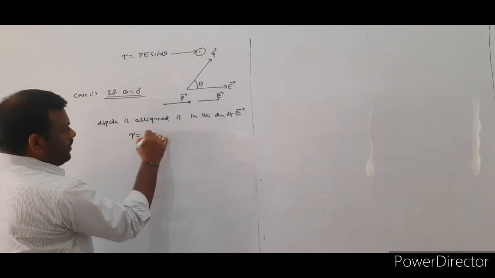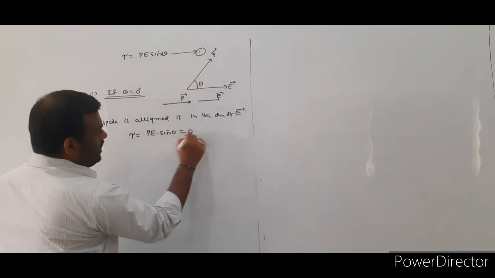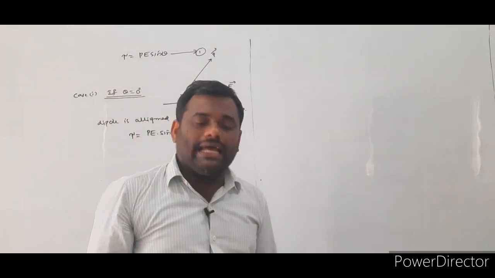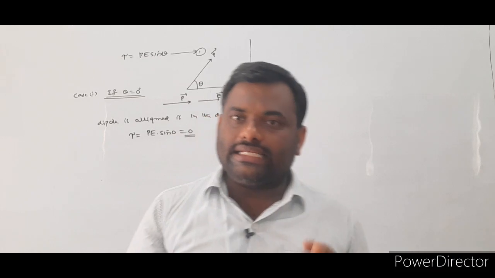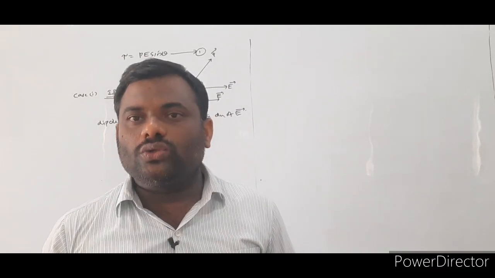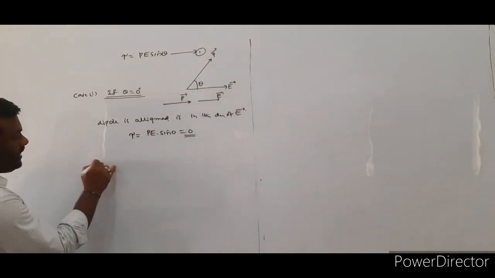Therefore tau is equal to PE into sin 0, this value is equal to 0. That means whenever the given dipole is aligned in the direction of the given electric field, no torque is acting on the dipole. That is case 1.